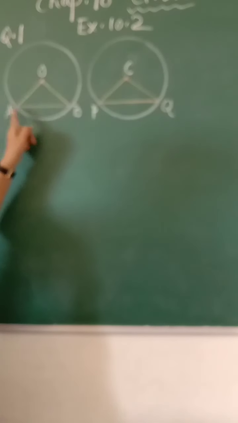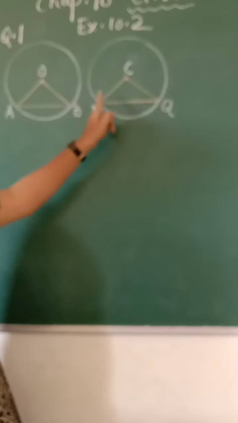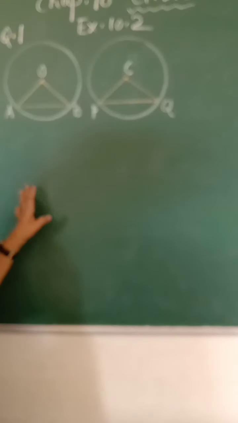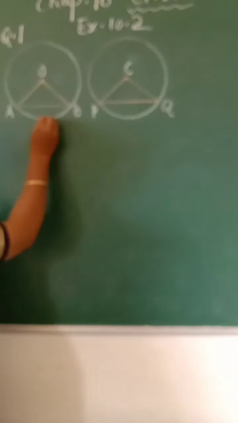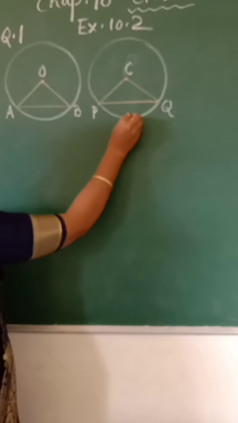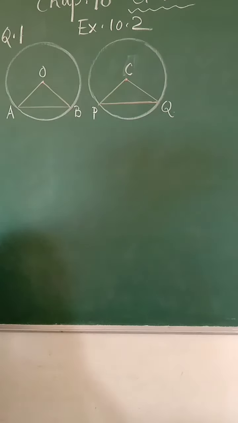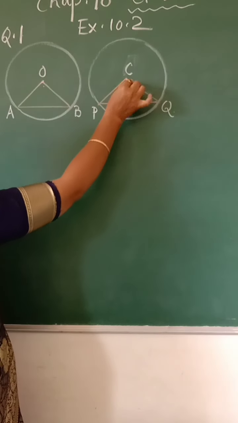That means here OA, OB, CP and CQ, these four radii must be the same, because it is given that these two circles are congruent, and we have to prove that the angles subtended by these two chords at these centers are equal.